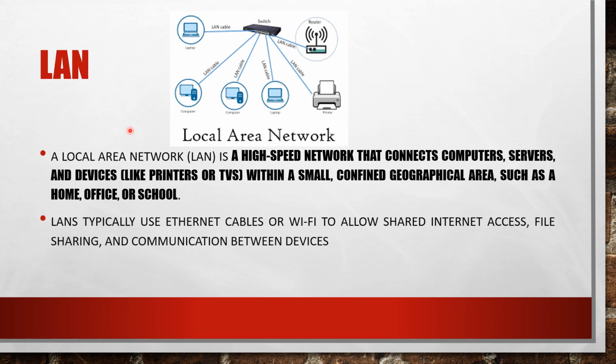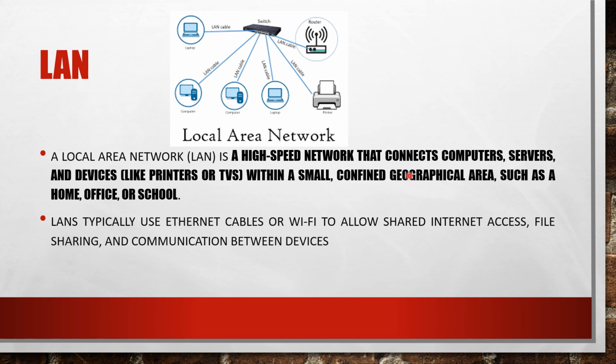Coming to the types of network, the first network is the local area network. This is usually what we are seeing. The entire network requires a switch, and the switch is connected to the router, and this switch will serve the connection to devices and computers, and appropriate connection will be established through wired means.